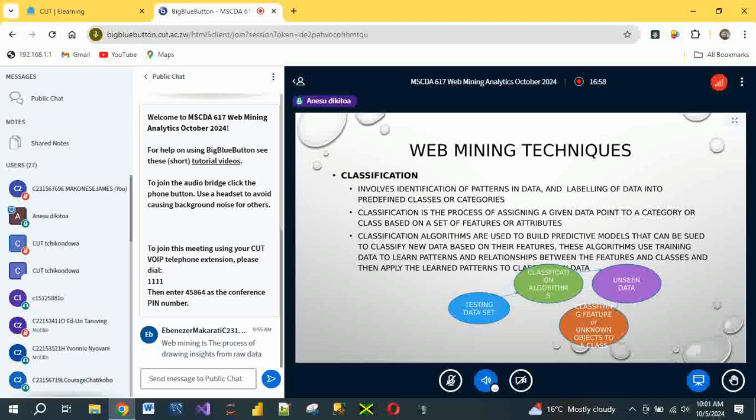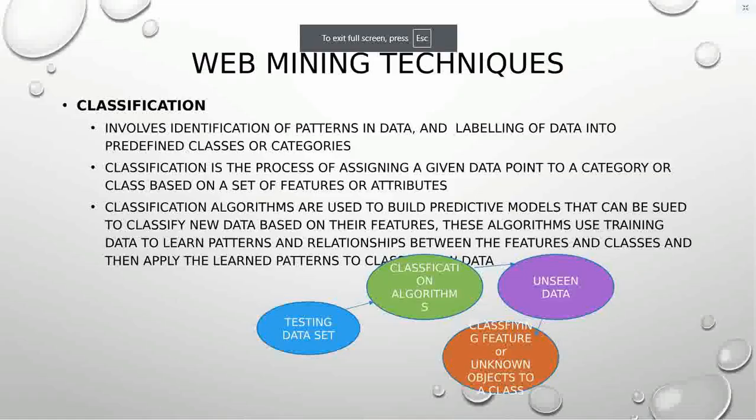Classification is the process of assigning a given data point to a category. Classification algorithms are used to build predictive models that can be used to classify new data based on their features.